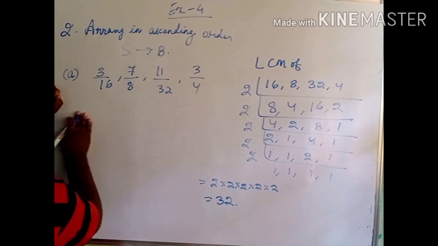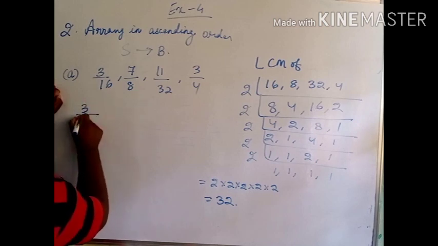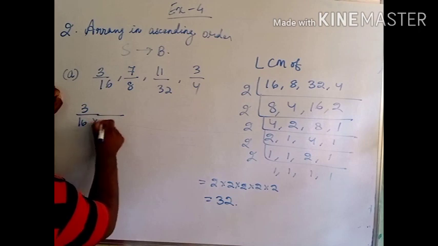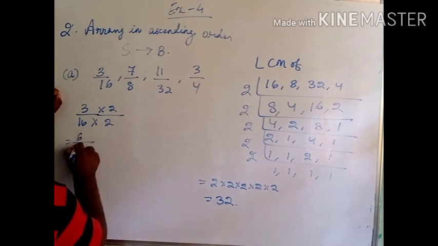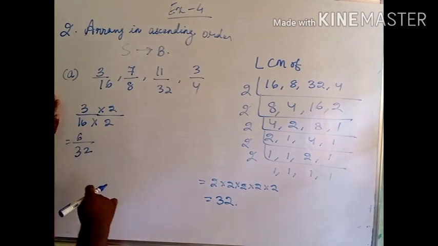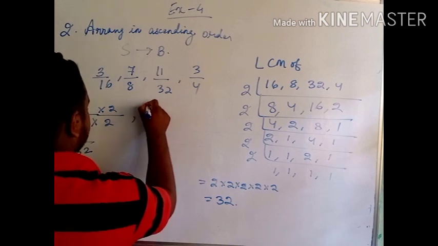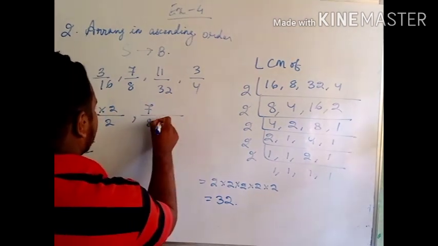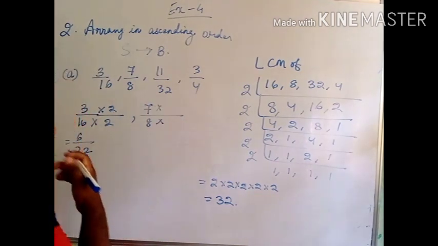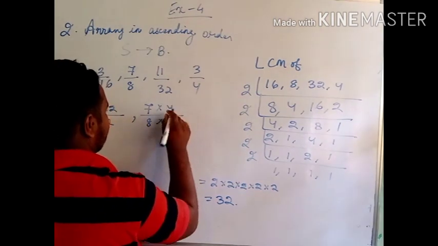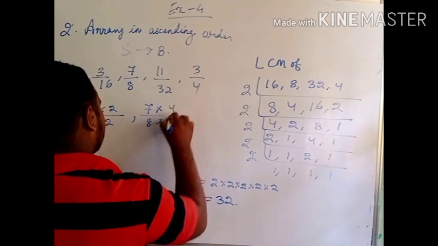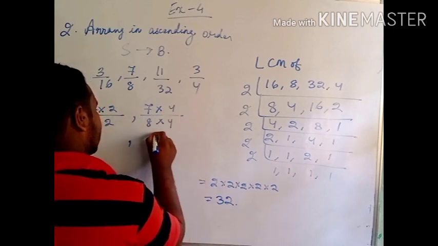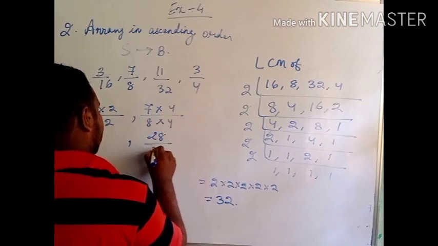First, 3 by 16. How much will become 32? 16 2s are 32. So it came 6 by 32. Okay. Next is 7 by 8, 8 into how much is 32? 8 4s are 32. 7 4s are 28 by 32.